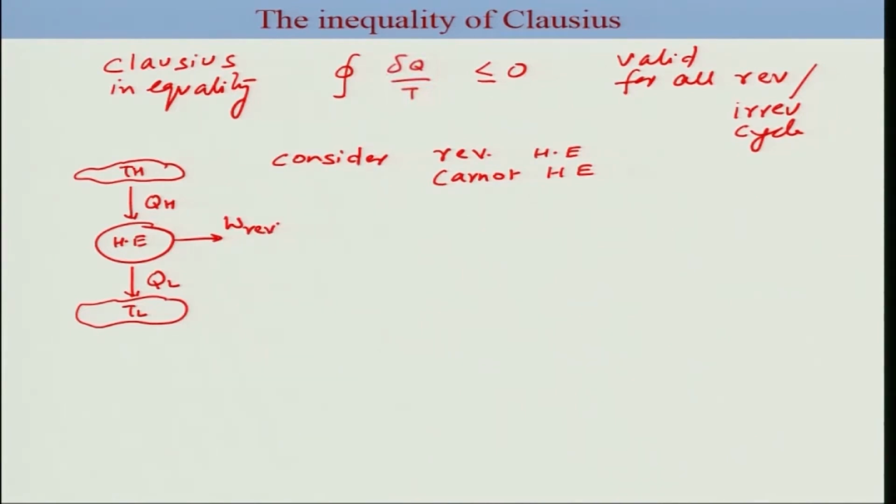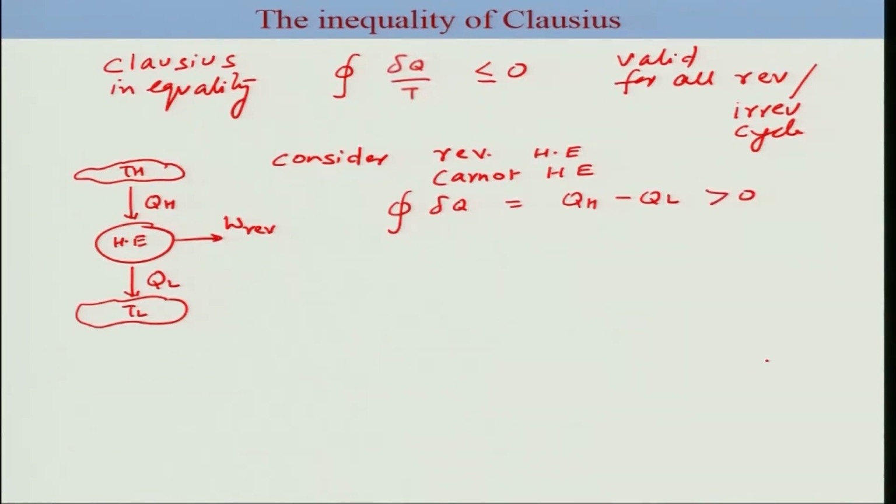Now let's look at the total heat for this cyclic process, which would be nothing but QH minus QL for a given cycle. Considering QH is going to be more than QL, this is going to be greater than 0.